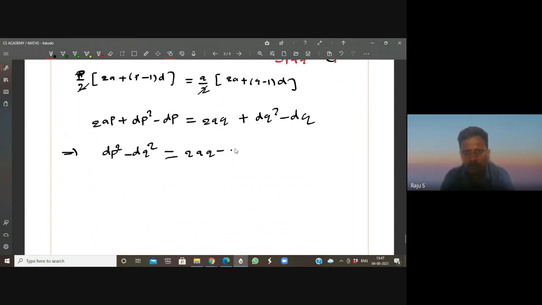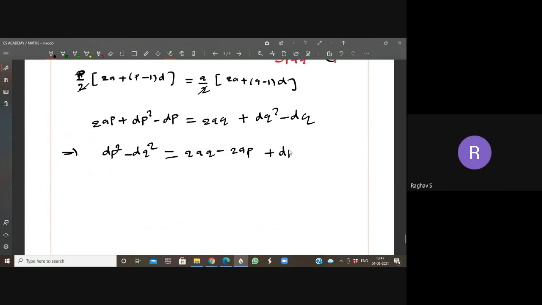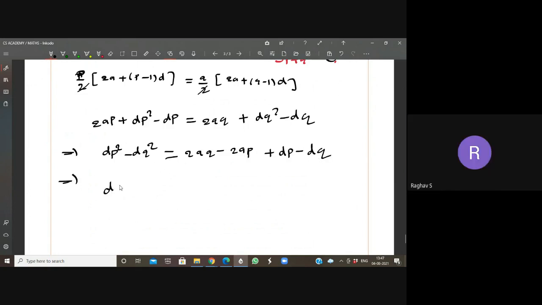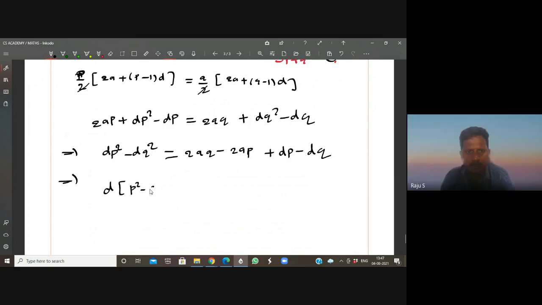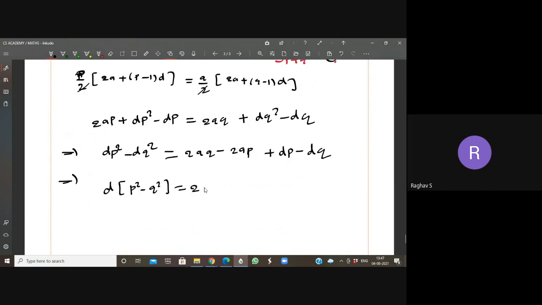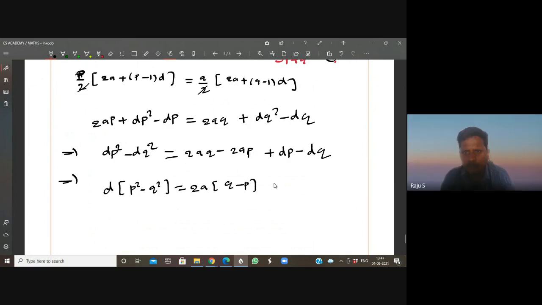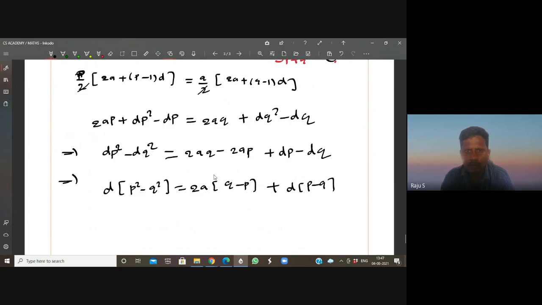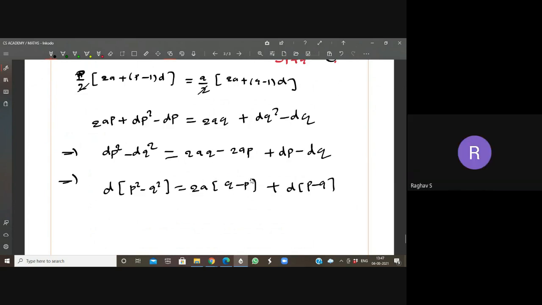Then d into p plus q into p minus q, applying the a square minus b square formula for p square minus q square. Taking minus common, we get minus 2a into p minus q plus d into p minus q.